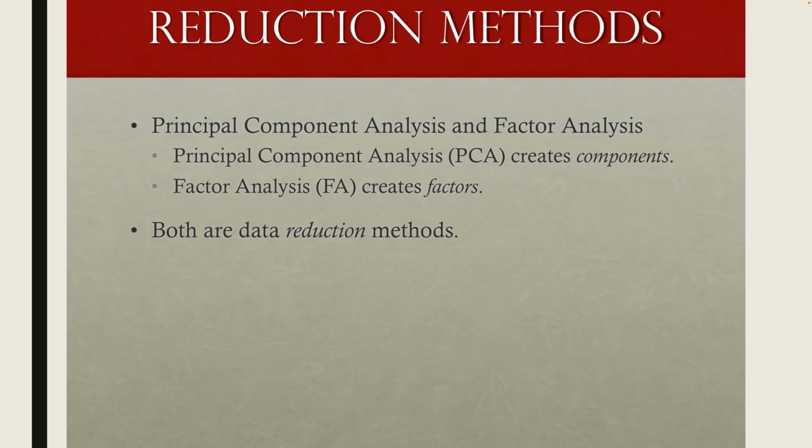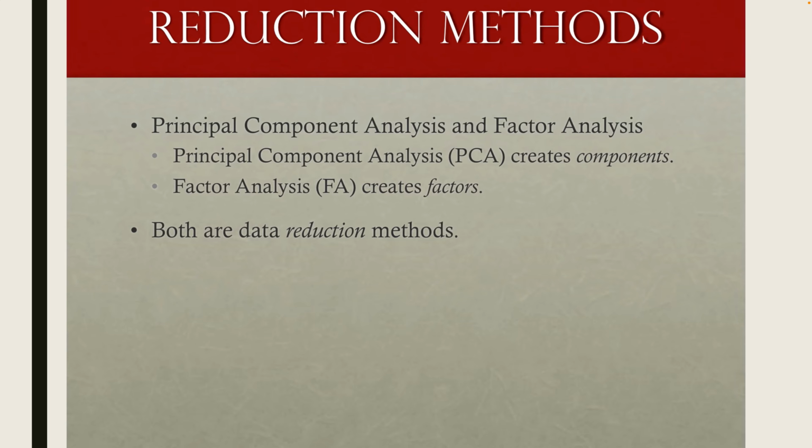The reduction methods that we're going to study, principal component analysis and factor analysis, they're often confused. The one thing they share is they're both reduction methods. The thing they don't share is what they actually seek to do. Principal component analysis, I would say, creates a new variable based on a set of observable variables. And we create this new variable such that they're linearly independent, and they're some linear combination, usually based on some weighted mean.